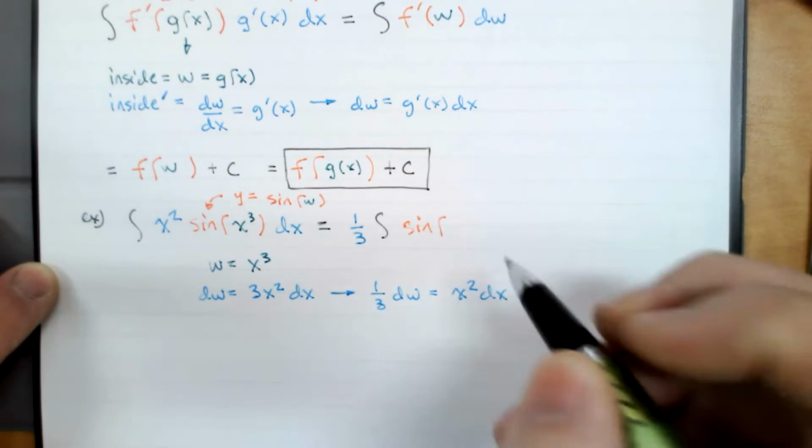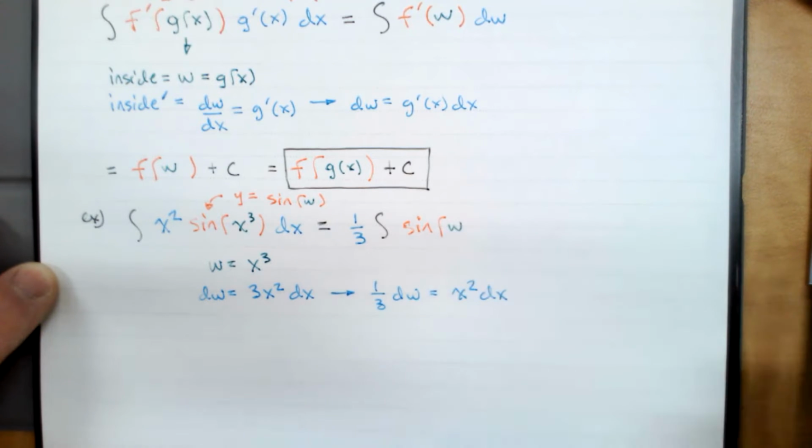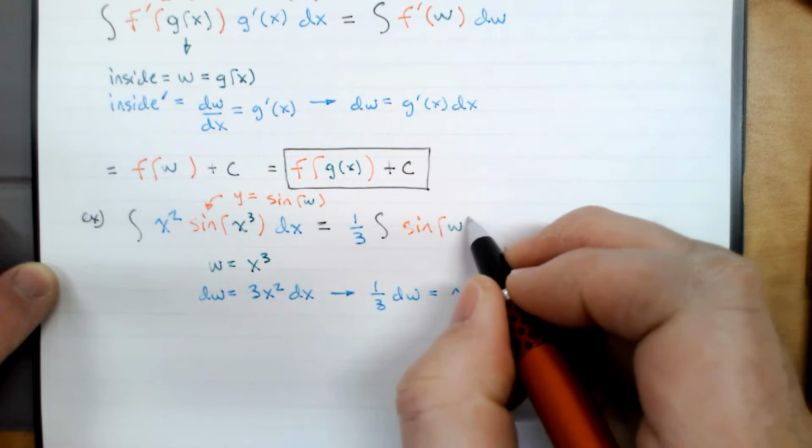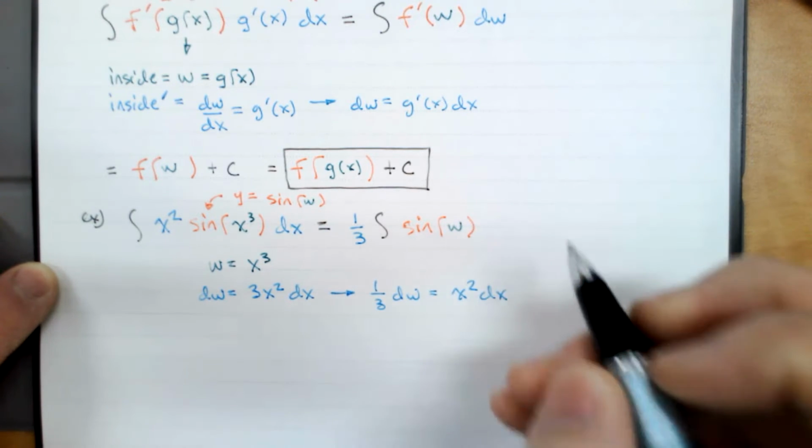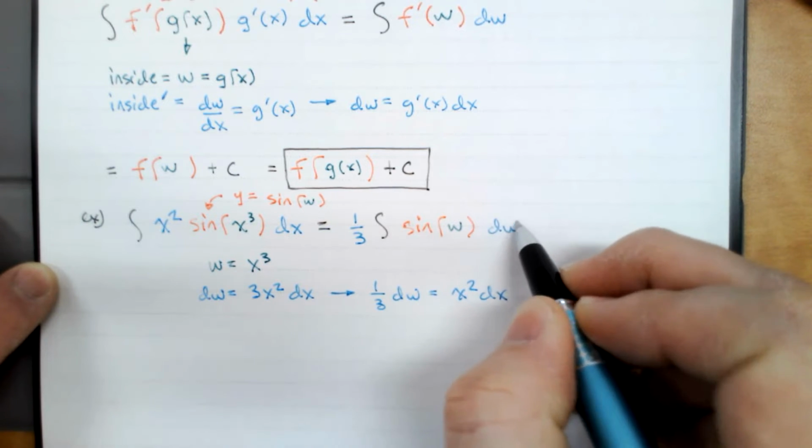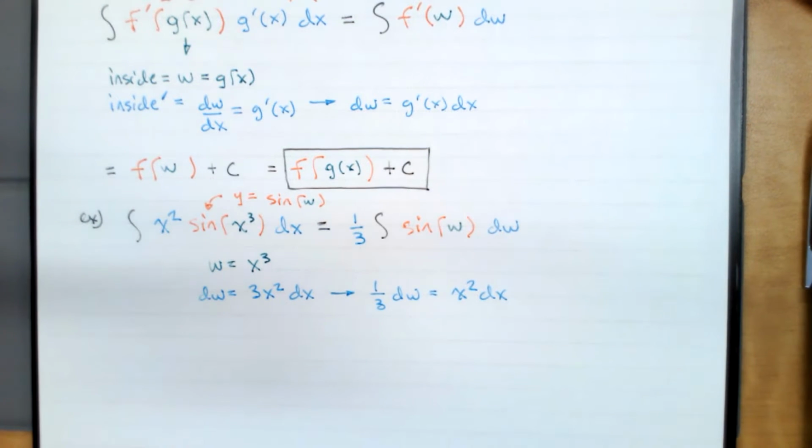X cubed gets replaced with w. Now I have an integral in just w. All the parts, everything corresponds. I've got sine of w. X squared dx is all replaced with 1/3 dw. X squared dx is equal to 1/3 dw.